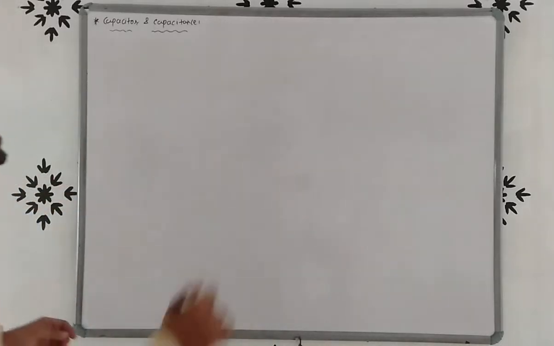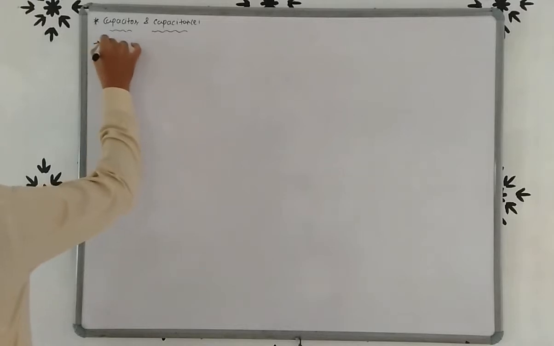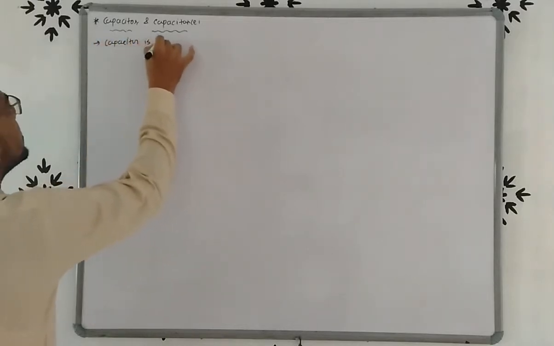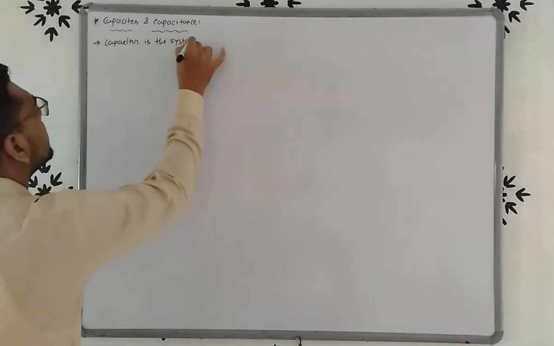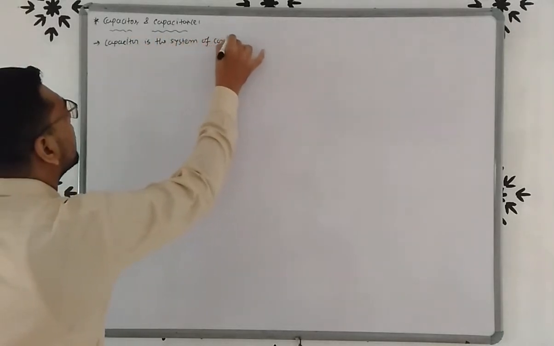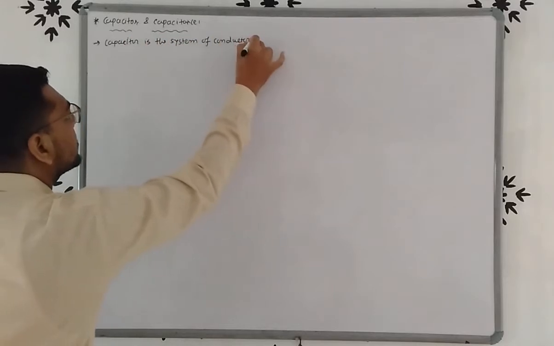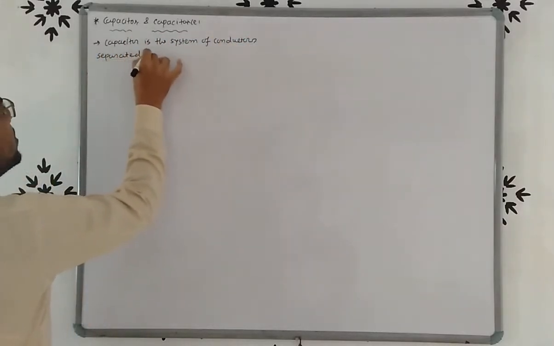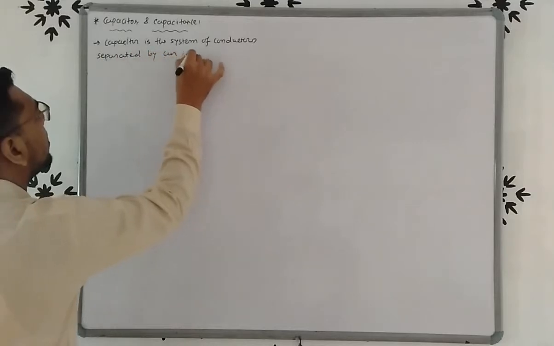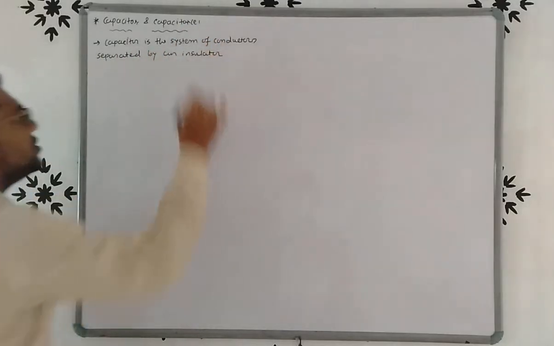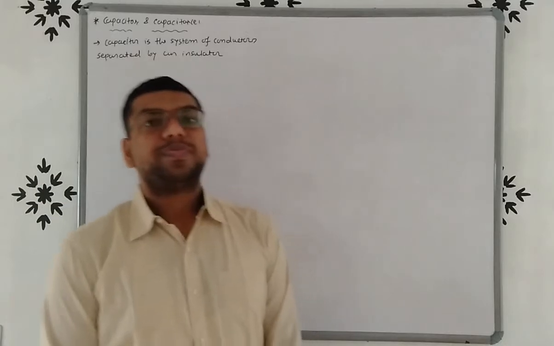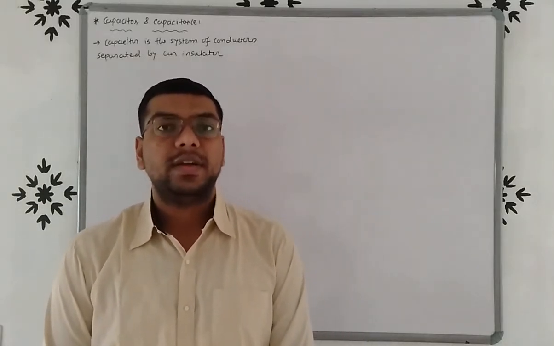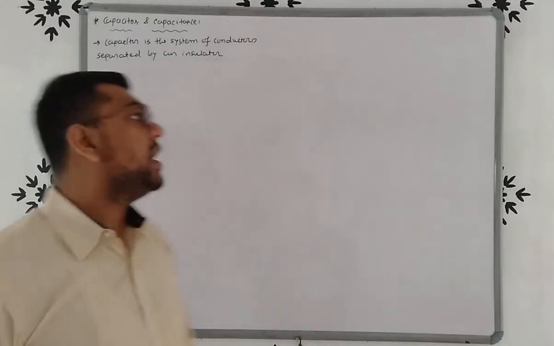So what is a capacitor? It is the system of conductors separated by an insulator.